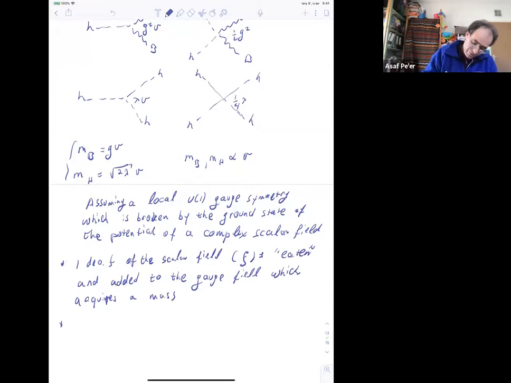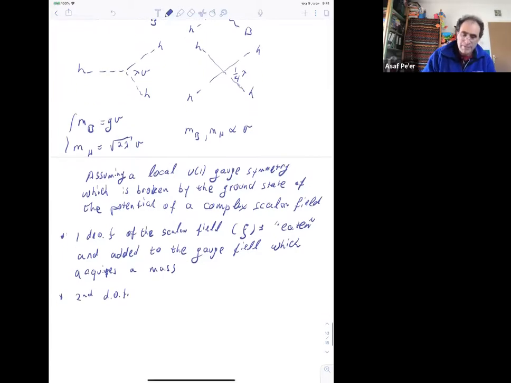And then the 2nd degree of freedom becomes a massive scalar field.